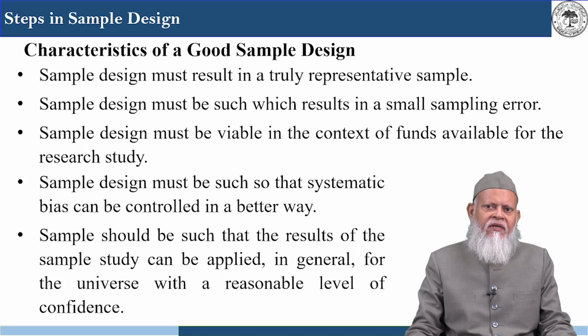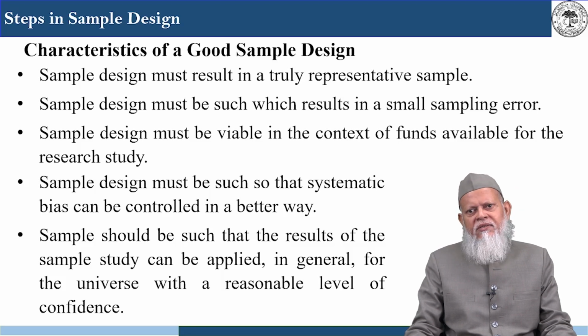95% level of confidence, where error is 5%. What does it mean? It means that if this experiment is repeated 100 times, then 99 times the same result should come, and this is being generalized for the whole of the population.